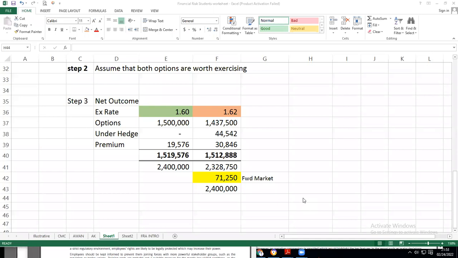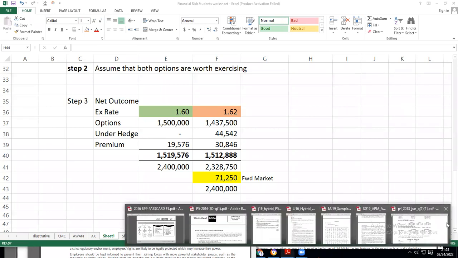Which rate did you use? Again, it is 71 to 50. Okay. Remember, we had the problem, because this is happening today. So as we look at our figures, we notice today itself that we only have 2,328,750, but you're looking for 2.4 million. So what do we do? We go to the forward markets and enter into a contract so that the bank can sell us this money.